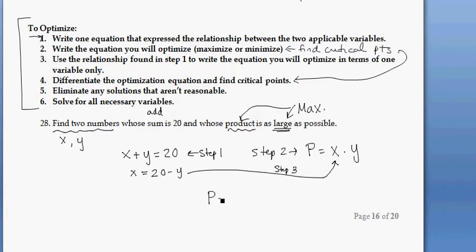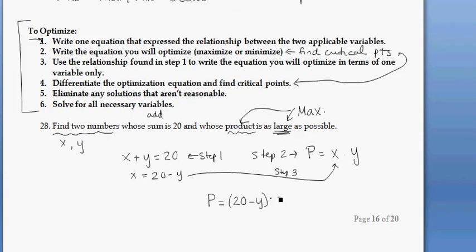So my product is (20 minus y) times y. This is now what I want to differentiate to find critical points. I could do product rule or I could distribute, so the product is really 20y minus y squared. Now when I differentiate, P prime is 20 minus 2y.